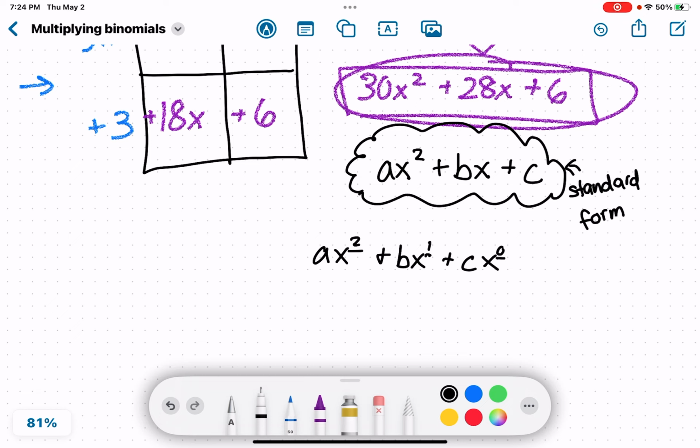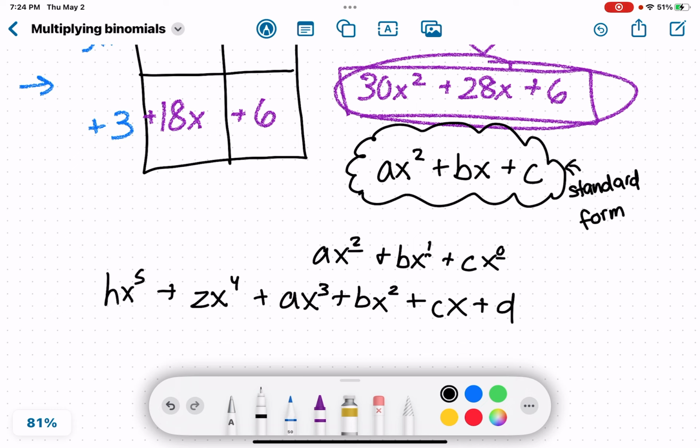But also, another way to put something in standard form is ax to the third plus bx to the second plus cx plus d, and so on. You could also have something like zx to the fourth plus hx to the fifth, and so on.